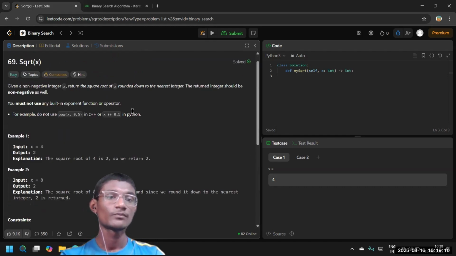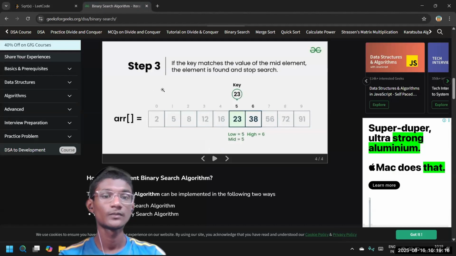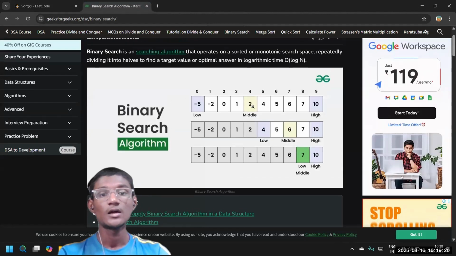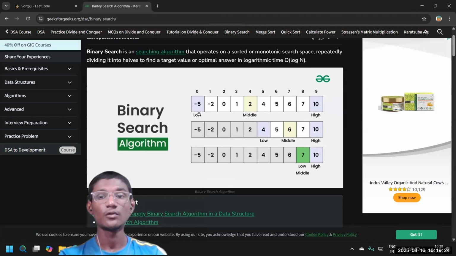We can use binary search here, guys. Let's have a look at binary search. The binary search algorithm contains a lower boundary, an upper boundary and a mid value. How can you find the mid value? Lower plus upper by 2, isn't it? Why is it called binary?